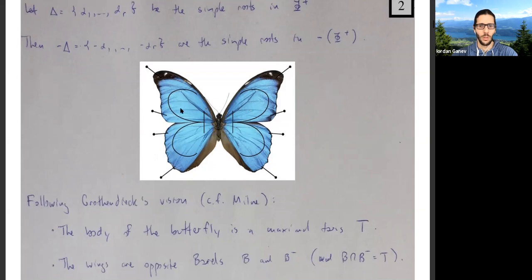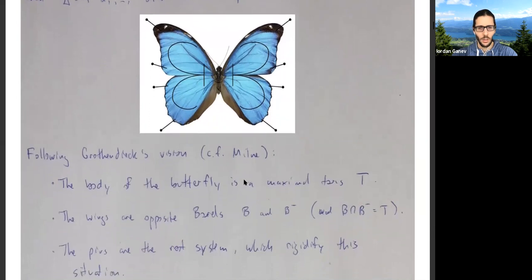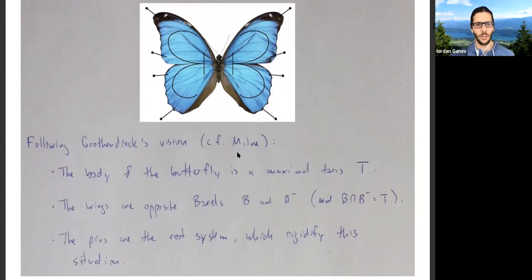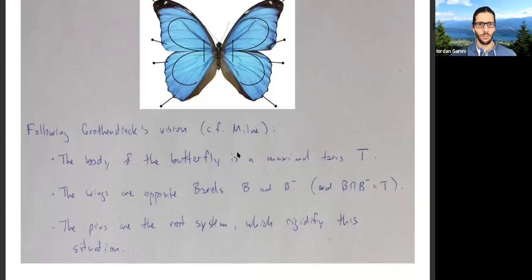This is one Borel, this is another Borel. You can see the B here, and these pins here are the roots. They rigidify this structure, and you have the roots for the Borel and the roots for the opposite Borel. I just wanted to explain that picture again now that we have all the terminology. Any questions on that?